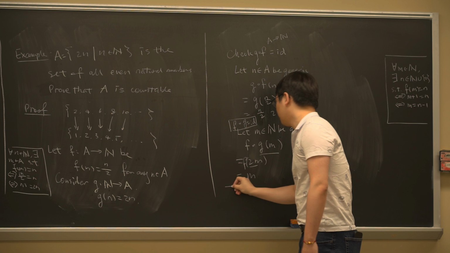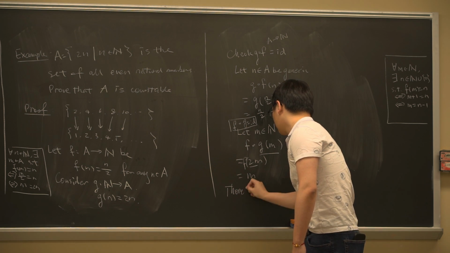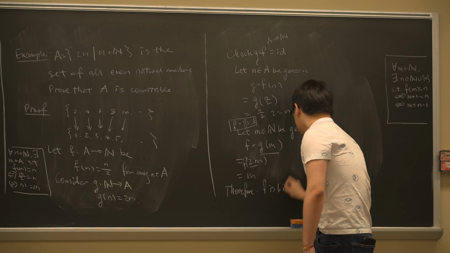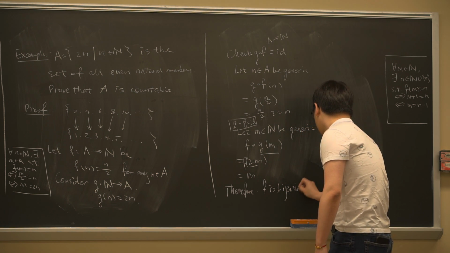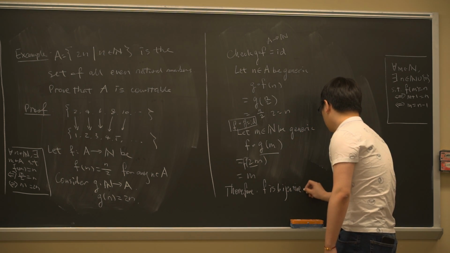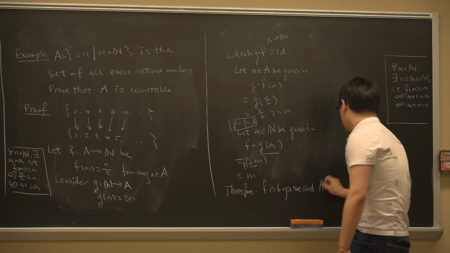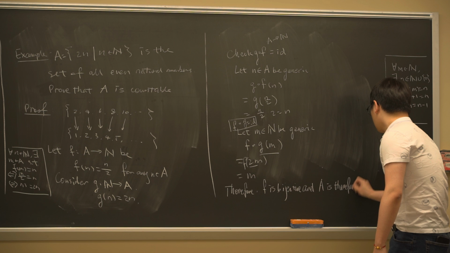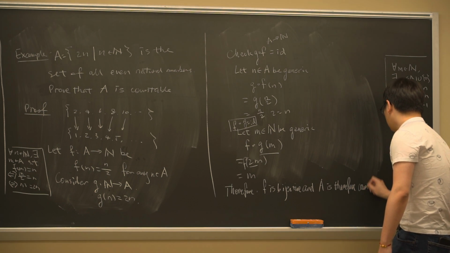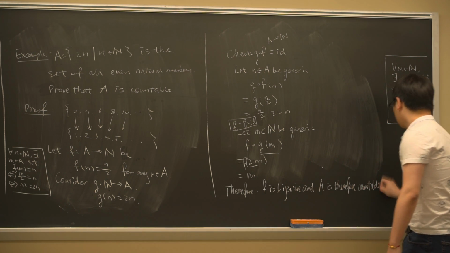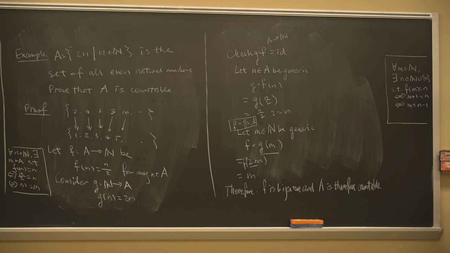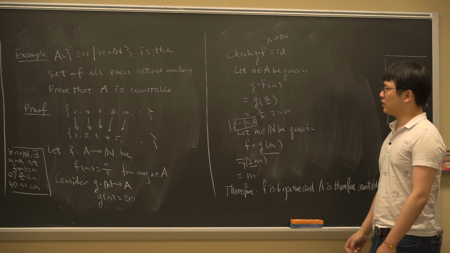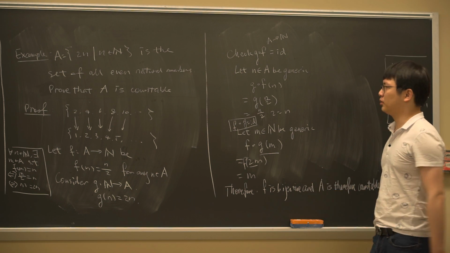Okay, and then write our conclusion. f is bijective, and A is countable. Okay, so this is a full example to show a set is countable. This is how we prove it.